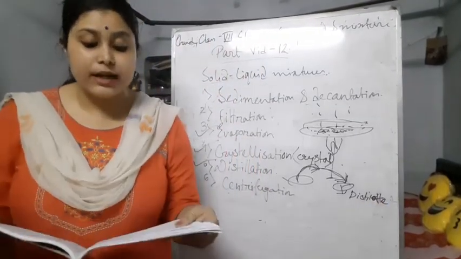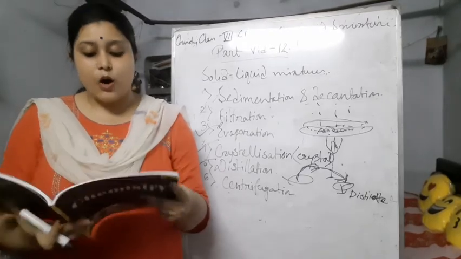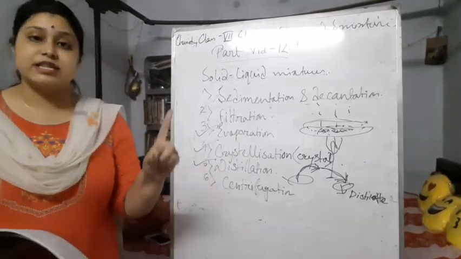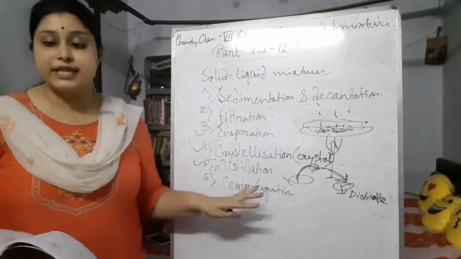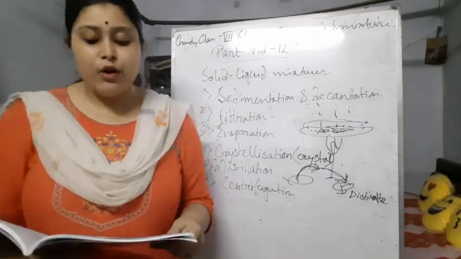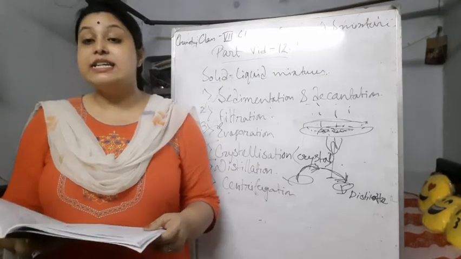Tap water, which is a mixture containing dissolved salts, is purified by distillation. So tap water distillation is one example of the distillation procedure. The pure water so obtained is called distilled water.